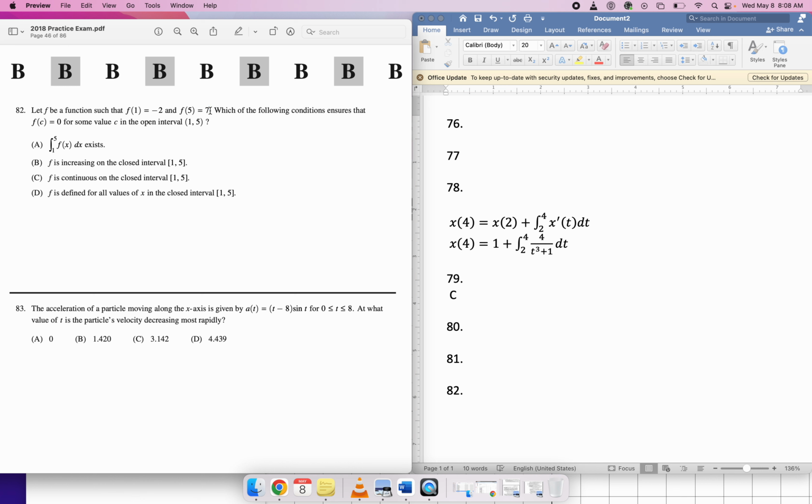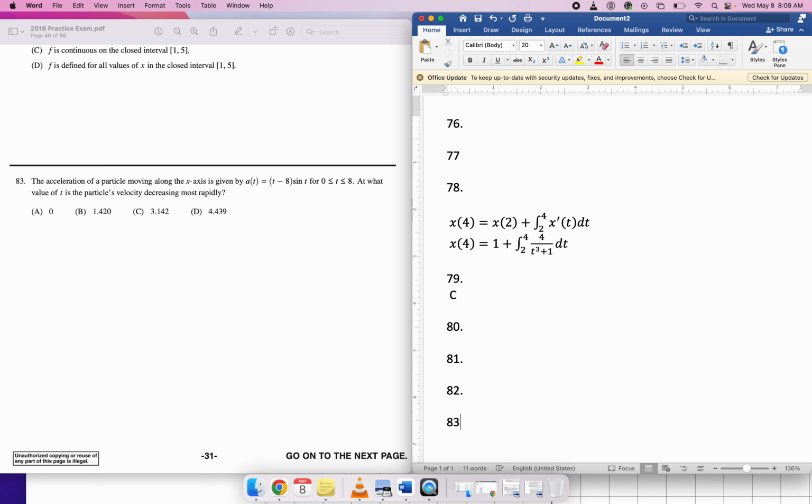And so the intermediate value theorem says if this function is continuous on the closed interval 1 to 5, then it will take on the value 0 somewhere on that interval. So the function needs to be continuous, right? So it's going to be C.